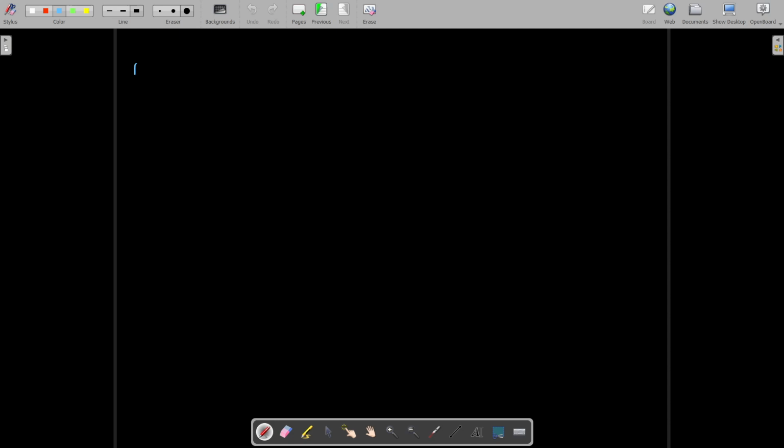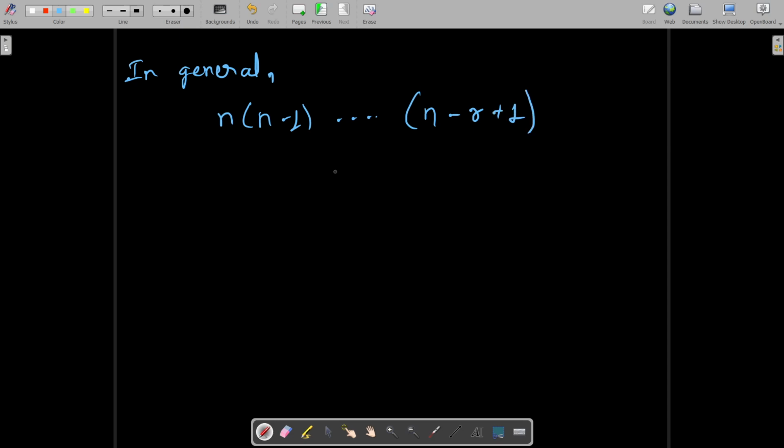So in general, now I'm writing in general terms, and I'll try to connect it to the particular problem of selecting 3 from 5. In general, what we can say is n into n minus 1, but we will not go until 1, we will go until n minus r plus 1. What is this? I'll discuss in a minute. So what does this represent?